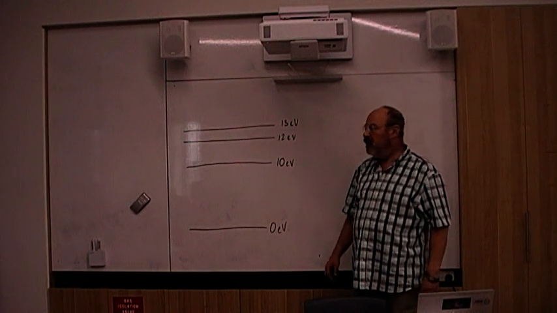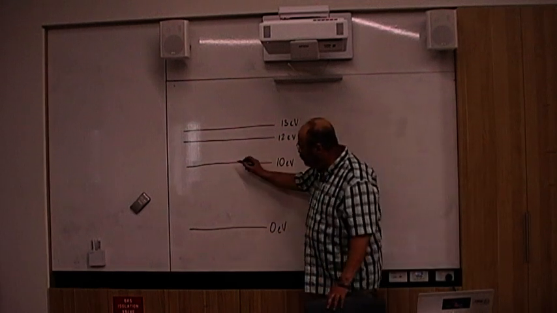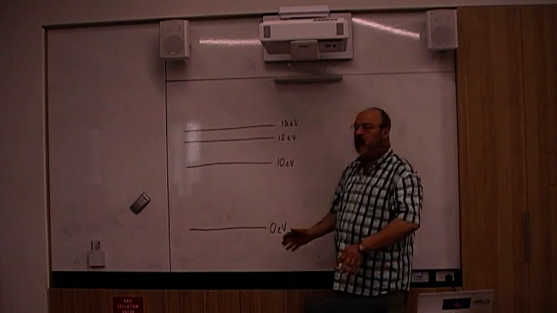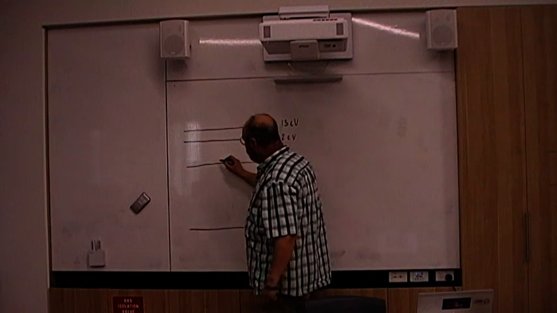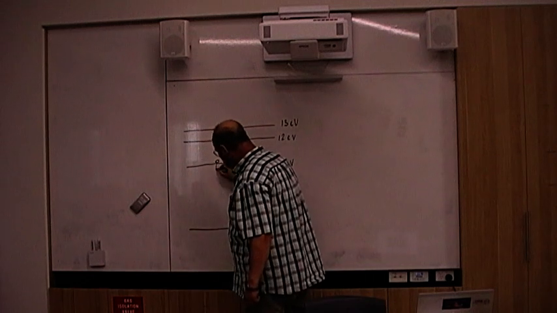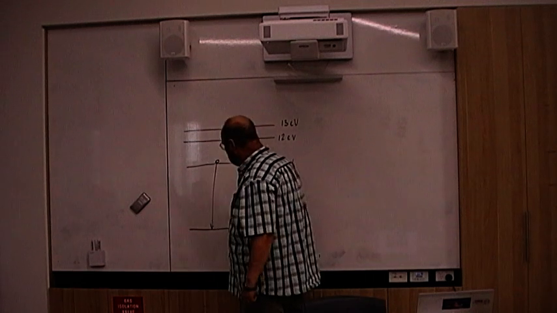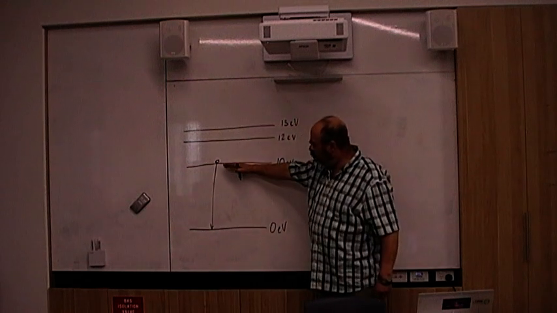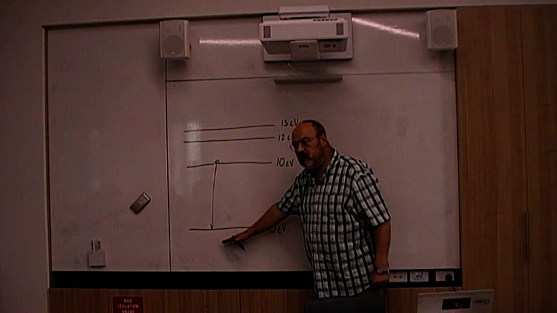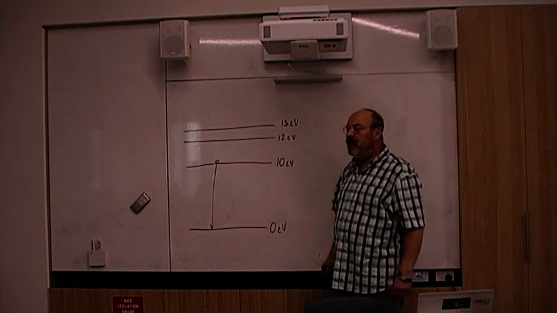But if we somehow excited it to some level, when it drops from this level down, it cannot be anywhere in between. It can only drop from this energy level to some lower energy level.